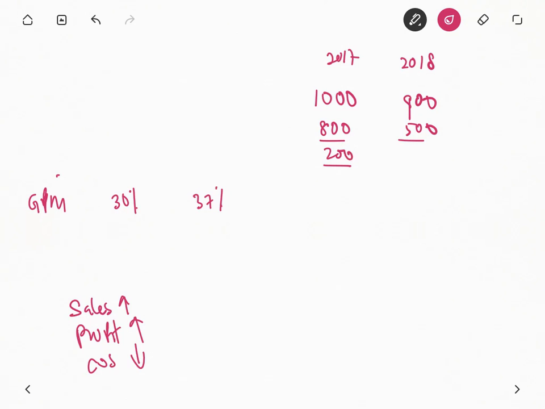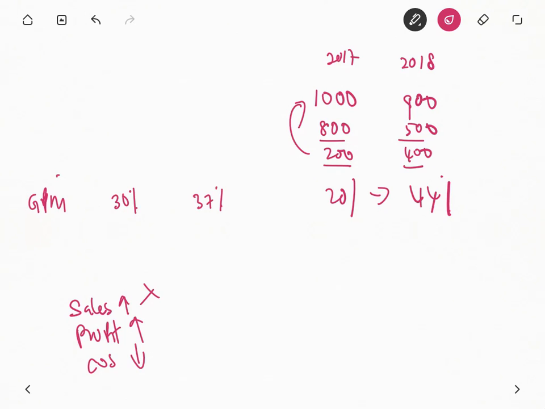So 200 and 400. GP over sales, 400 divided by this, 4 divided by 9, so it's 44%. Can you see the margin has increased? And when you say the margin increased because sales increased, no, you can see sales can be reduced and yet my margin can be increased. Correct or not? So that's why this statement is not correct.